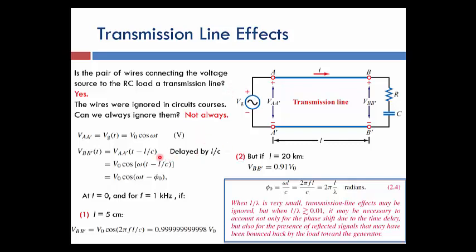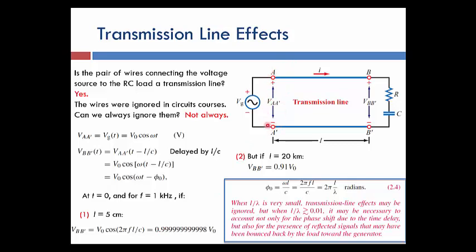Now if we apply an electric signal with voltage amplitude equal to 1 and frequency 1 kilohertz across the points A to A dash, and it travels to reach the points B to B dash, and between these two points we use a transmission line with length 5 centimeters, then the voltage at B to B dash, if we calculate it, will equal 0.9999, which is very close to the original voltage 1.